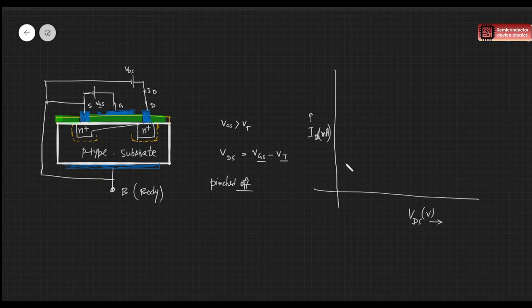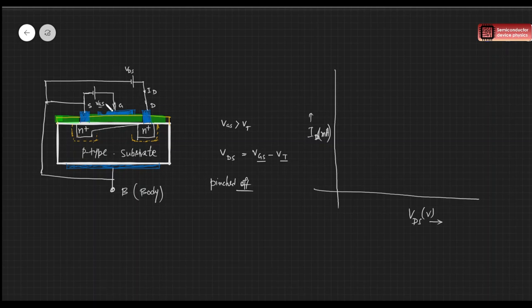Now we'll draw it for different values of VGS, that is gate to source voltage. So what happens when you increase the gate voltage? Once again, I'll recap. When there is no voltage at the gate terminal, there is no channel, so the drain current will be very less.